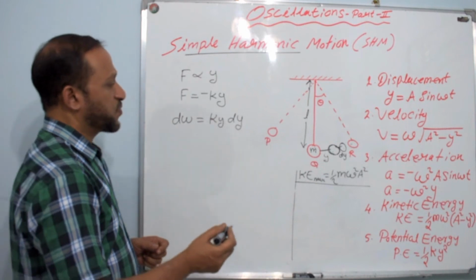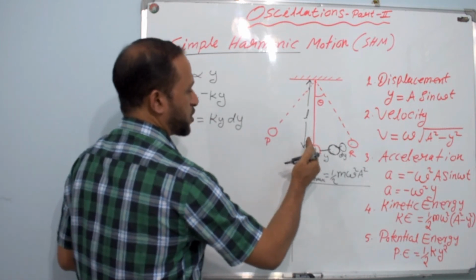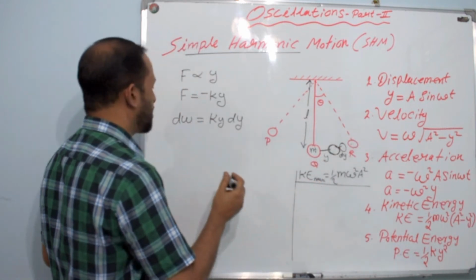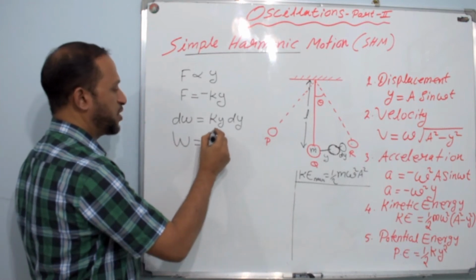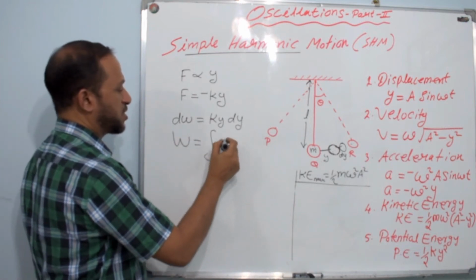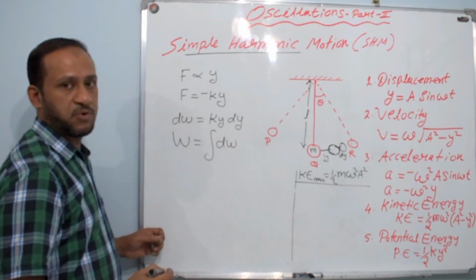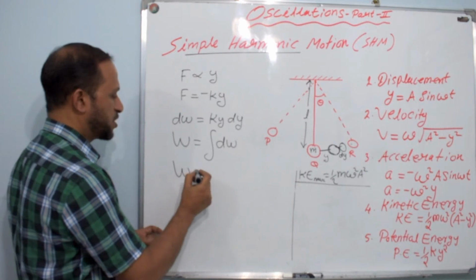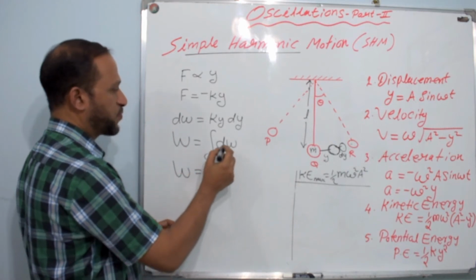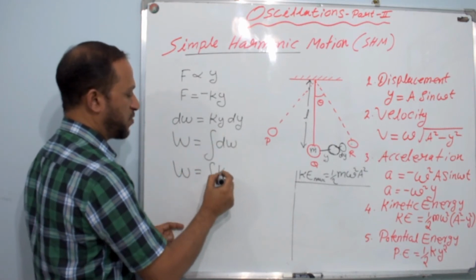Now imagine that we are displacing from the mean position to a larger displacement, then the total work done W can be obtained by integrating this expression, that is W is integral of dW, which is integral of ky dy.